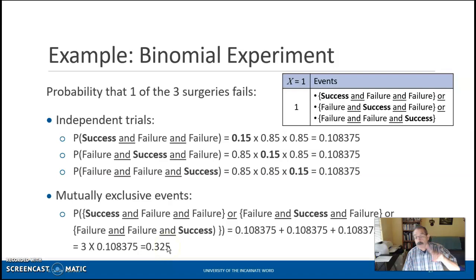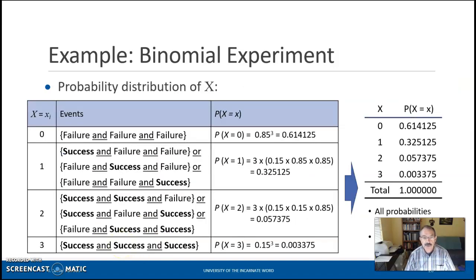So this is for the case when the random variable is equal to one success in the sequence of 3 searches. All right, so now we can use the same idea and calculate the probabilities for all the possible values of the random variable. So when the random variable takes on the value of 0, it means there are 0 successes.